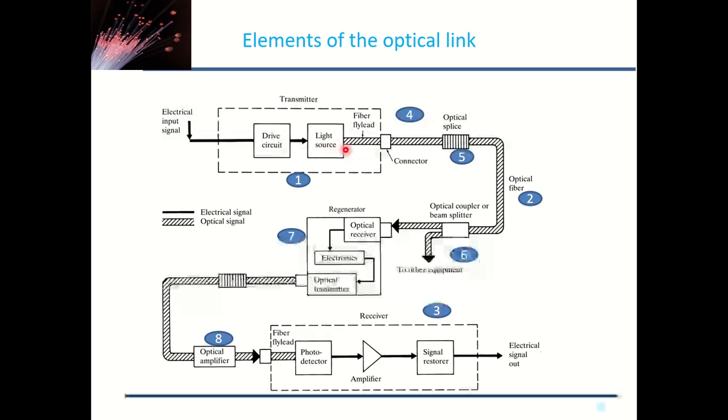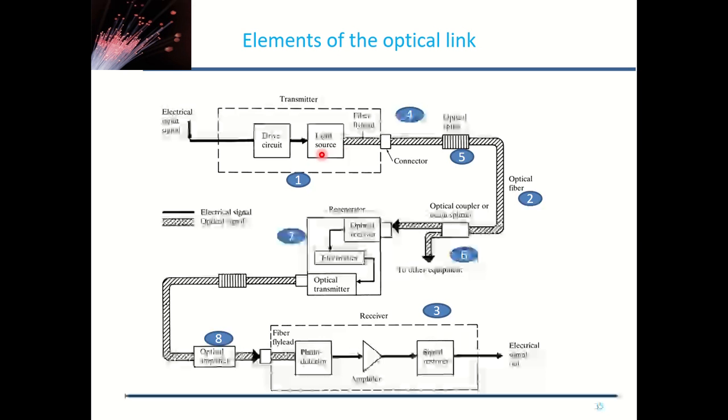Basically, the source was the light emitting diode in the first generation of optical communication. Then from the second generation onwards, this LED was replaced by the laser because it offers certain advantages which can make the system reliable and cost effective. In coming sessions, we will be comparing the performance of LED and the laser diode and how this particular source makes the system cost effective.